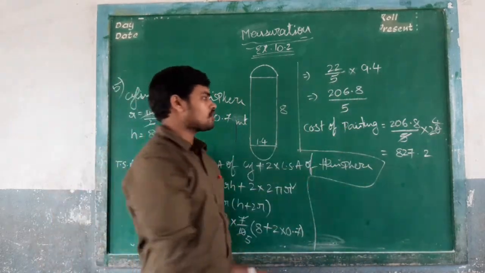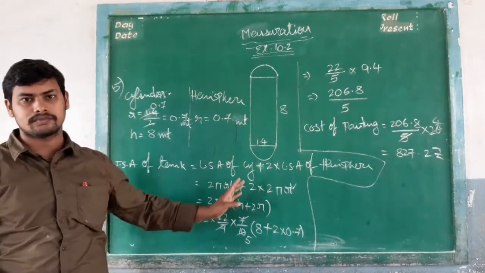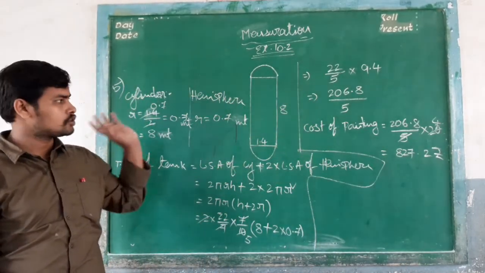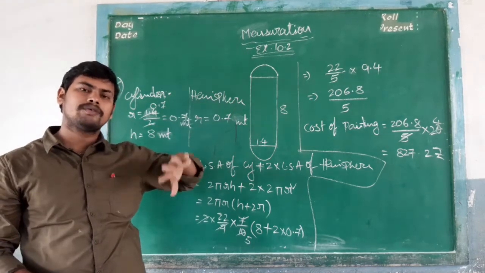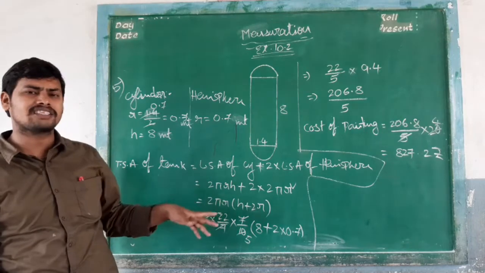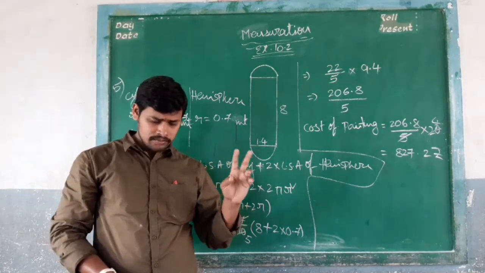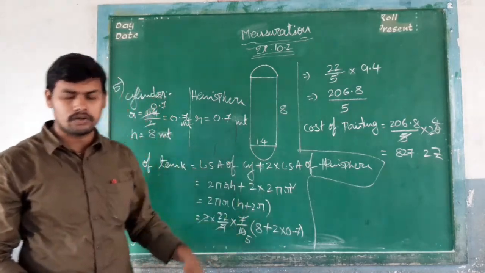This is the cost of the tank. First, all problems are on lateral surface area only. So you have to calculate lateral surface area, then you add those. So the next two sums are some logical.